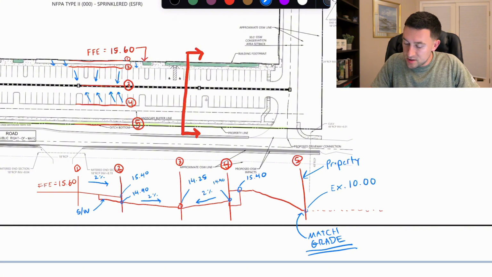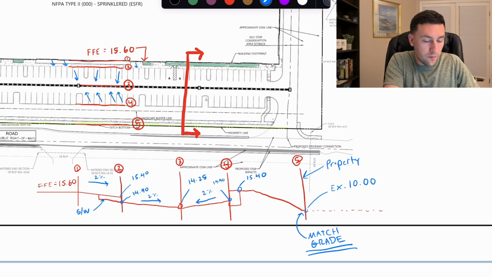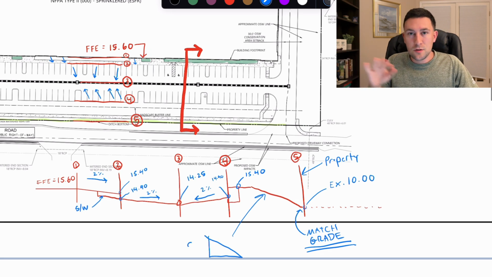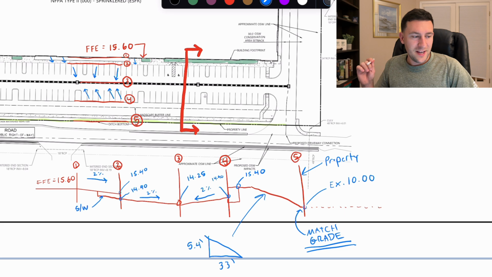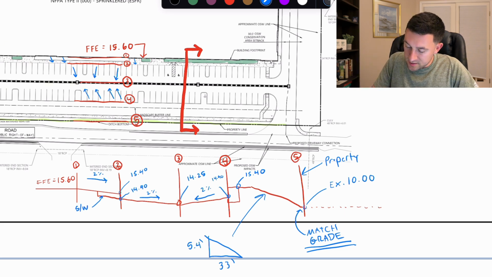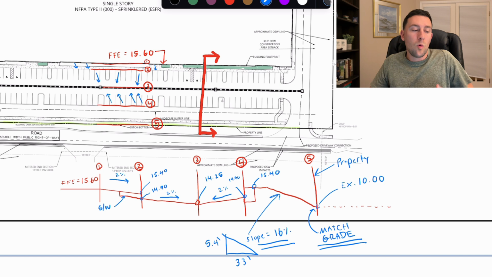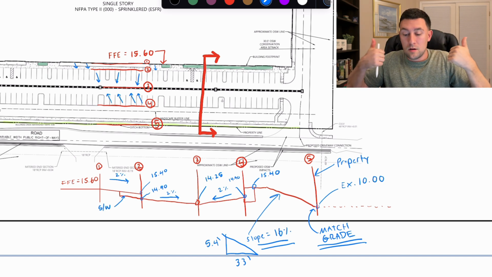Again, what is this slope? Let's do 15.4 minus 10. So that's a 5.4 drop. So let's do 5.4 divided by 35 feet minus the 2 feet because we have the flat, guys. So divided by 33 feet. What's our slope? 5.4 divided by 33 feet is 0.16. So this is 0.16, also known as 16%, which is also the same as 6.25 to 1, roughly 6 to 1. So guys, we are meeting our slopes.